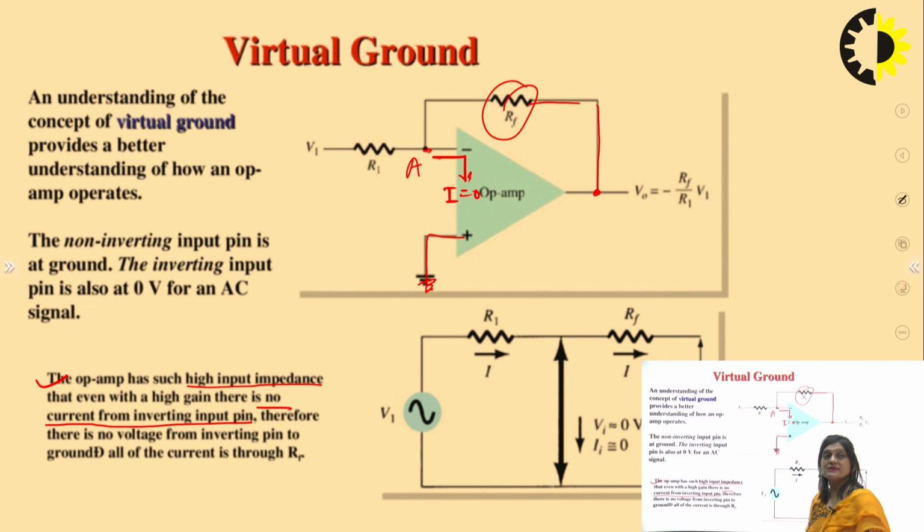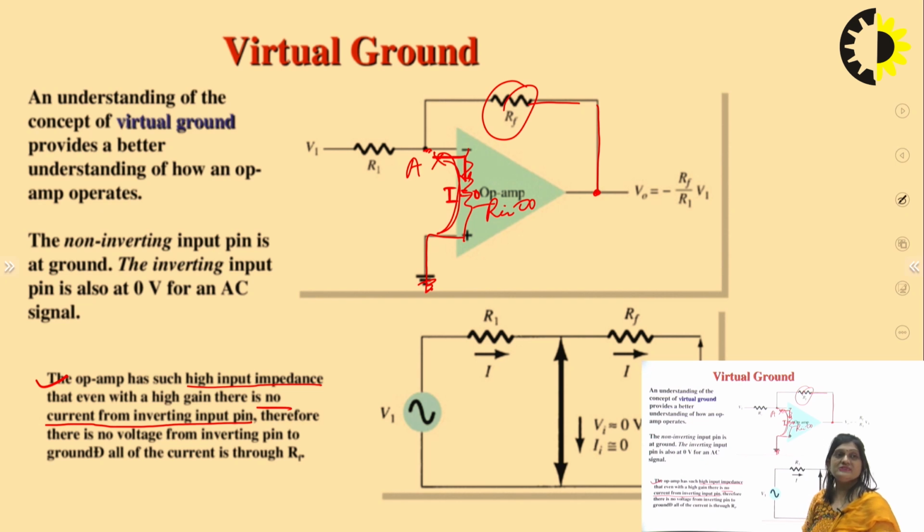Why is it at 0 potential? Because in the case of the ideal op-amp, the input resistance of the op-amp, RIN, is infinite. Infinite means this path is open, so there is no current flowing in this part. That's why the voltage difference between these 2 points is 0.